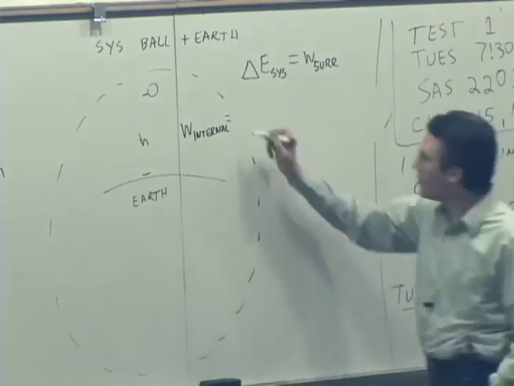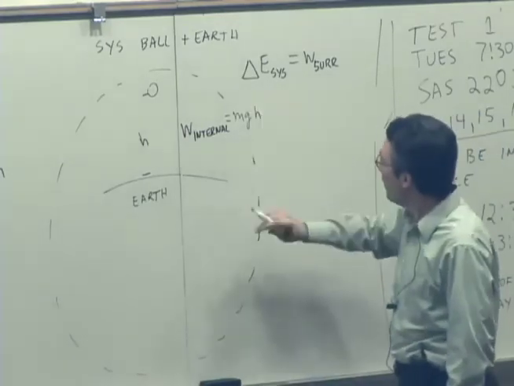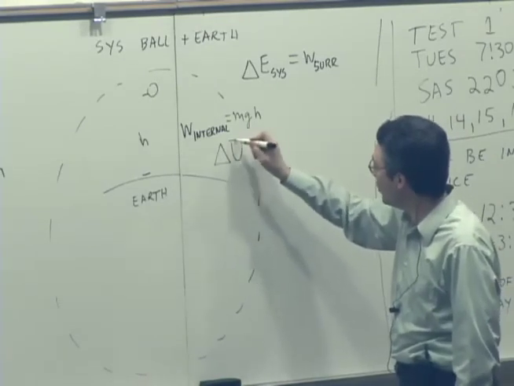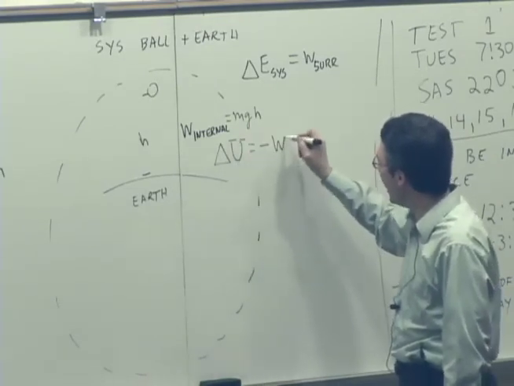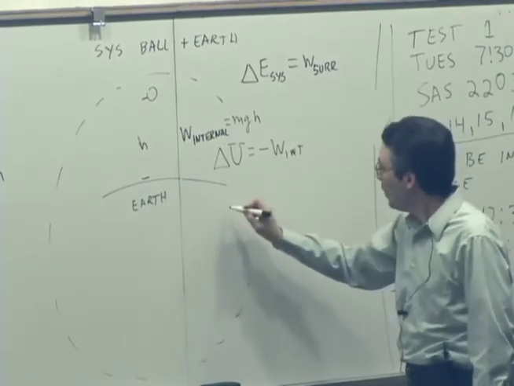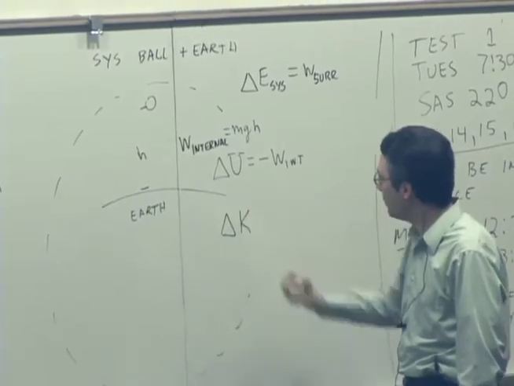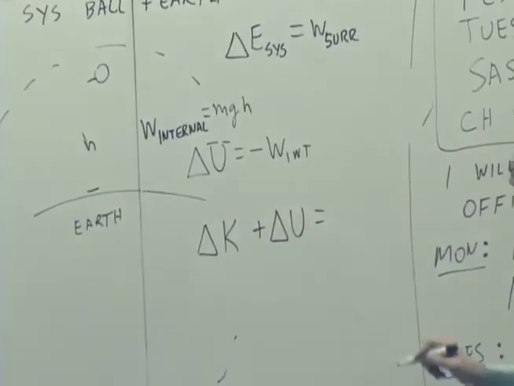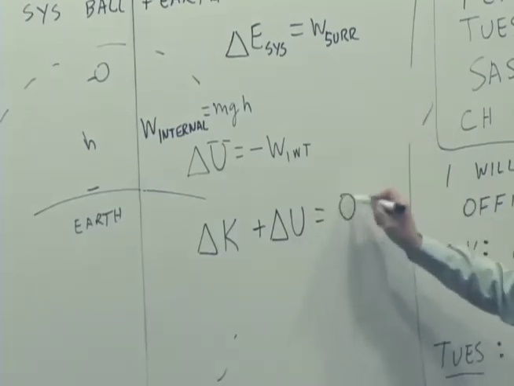The internal work is going to be mgh. But we define the change in potential energy to be equal to the negative of the internal work. So we would have the change in kinetic plus the change in potential equal to the work done by the surroundings, which is 0.